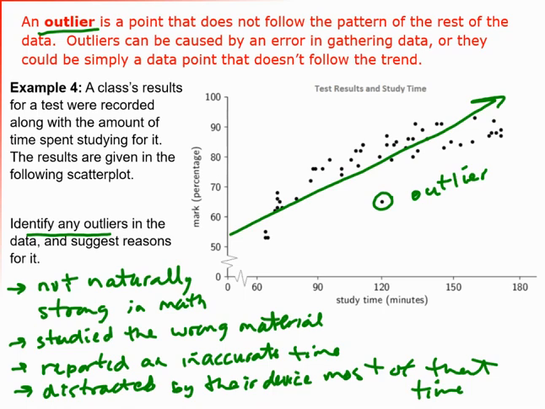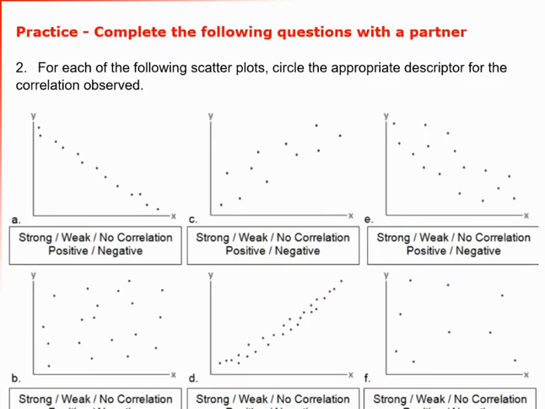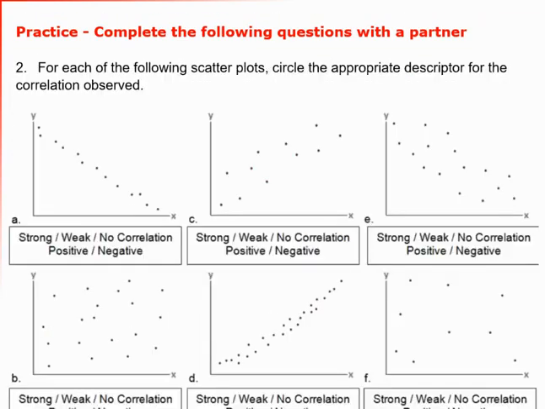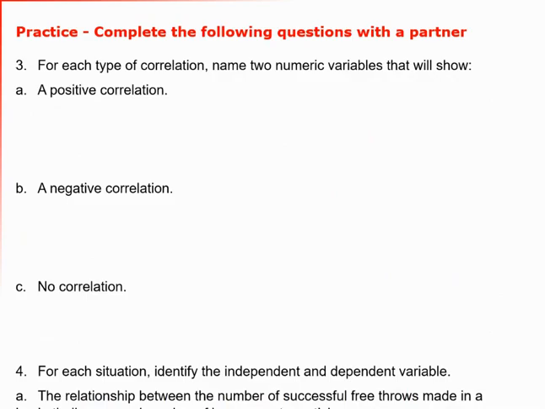So it's this kind of thing of identifying strong, positive, weak, negative, no correlation. We're identifying outliers now. So you learned quite a bit in this one lesson about data. Yeah, so there's practice now, and we can do these practice questions.